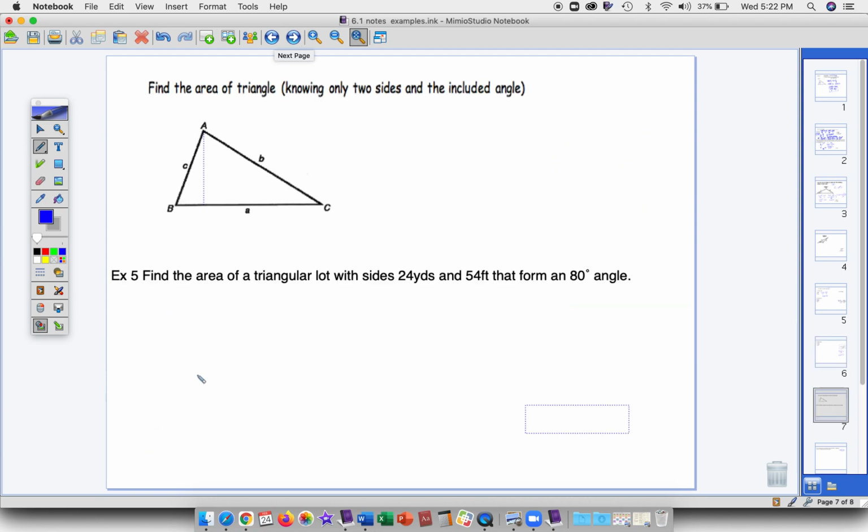Okay, on to the area. There's an area formula that can be derived from the law of sines. So again, I drew in a perpendicular. This is the height of the triangle. We all know that the area of a triangle is 1/2 base times height.